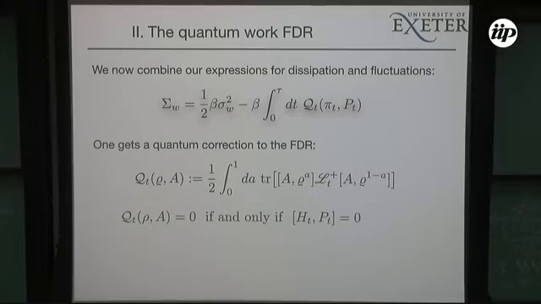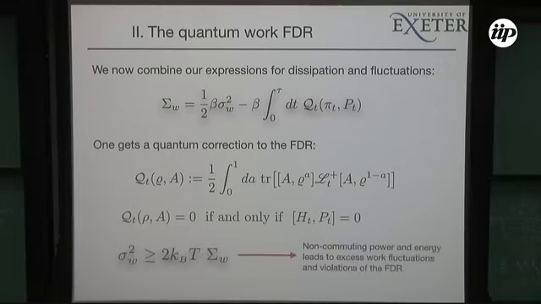This Q is the quantum correction, and it looks like this. It's related to the fact that the thermal state will not commute with the power. So it only vanishes in the commuting case, and it's a positive quantity. The result is that you actually get excess work fluctuations in the quantum case.